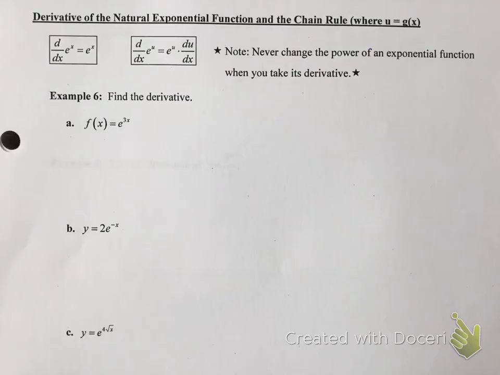Okay? So it's the chain rule again. Let's go ahead and look at example number 6 on page 18. Find the derivative of the original function, which is e to the 3x. So once again, this is more complicated than just e to the x. So if we follow the rules, we do the outside, which in this case is going to be e to the 3x, because remember the derivative of e to the x is just e to the x.